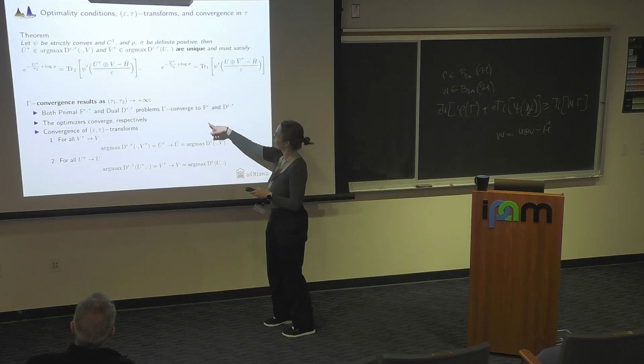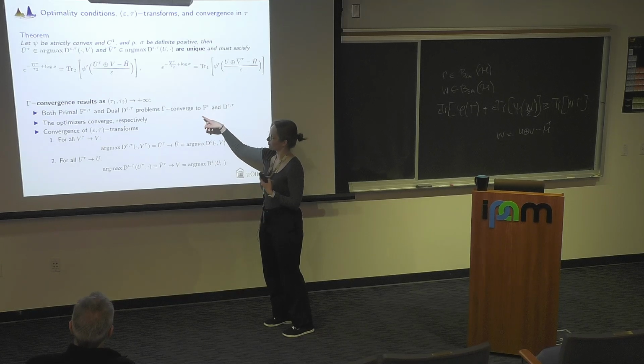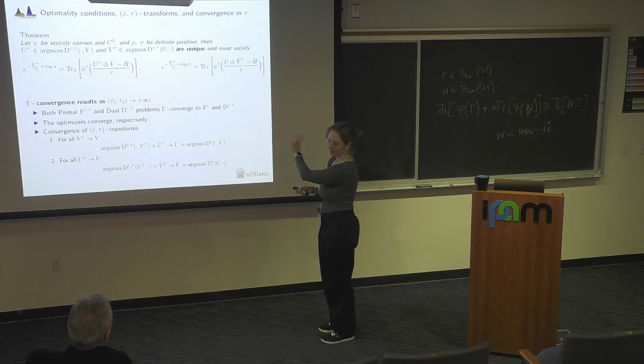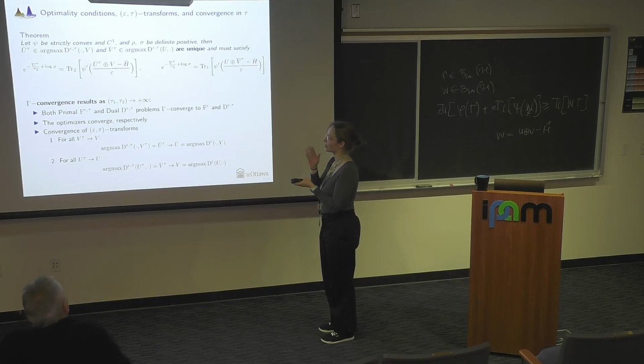We show that f epsilon tau gamma converges to f epsilon, and minus d epsilon tau converges to minus d epsilon. Here I lost the minus, but the idea is this is usual: we show that the functionals gamma converge.